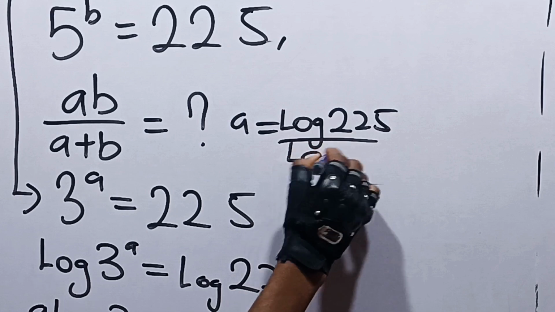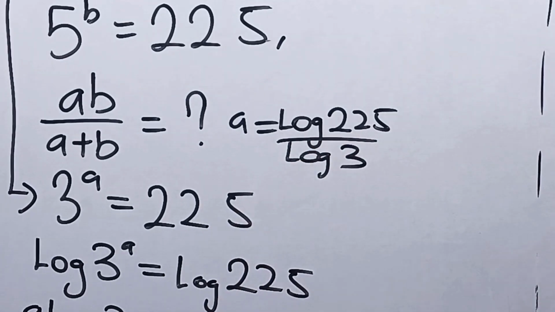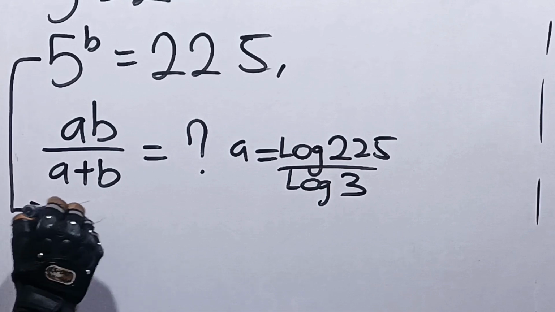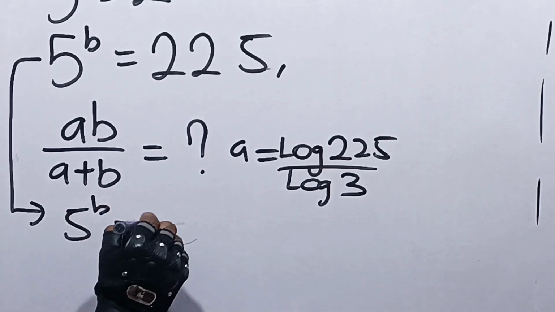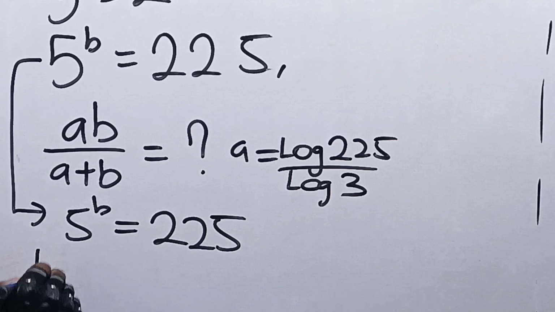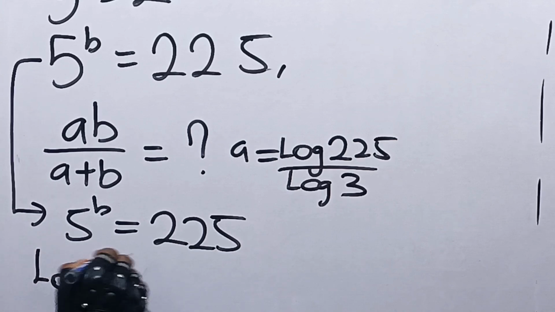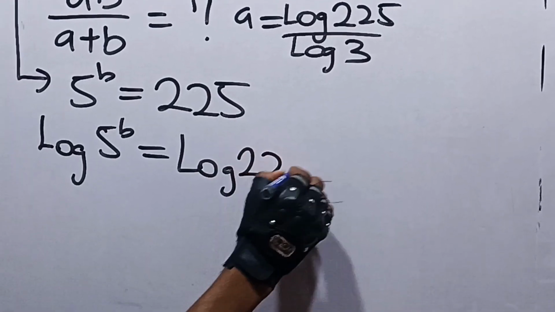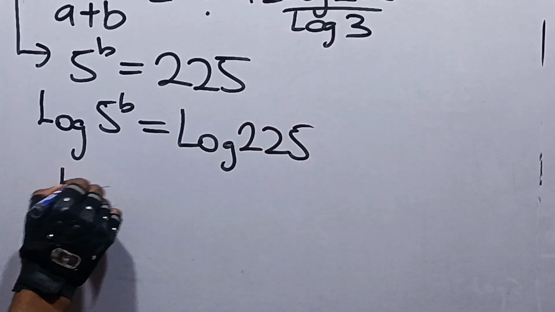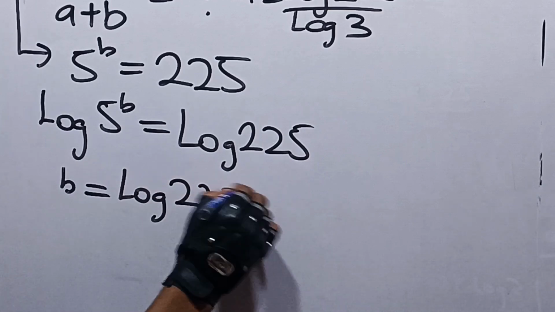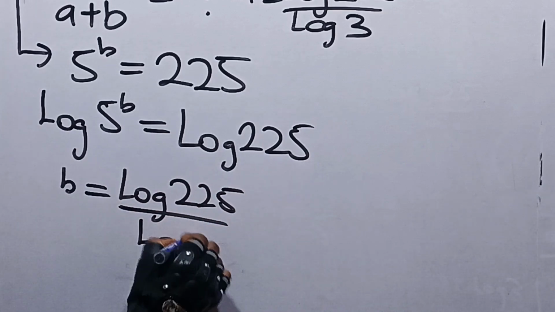over log 3. Now moving on from here, the second equation says that 5 raised to the power b is equal to 225 as well. If you take the logarithm of both sides again, we're going to have that b will be equal to log of 225 divided by log 5.